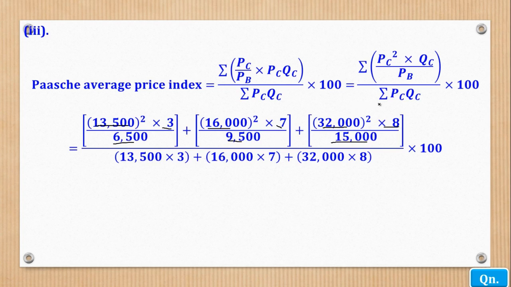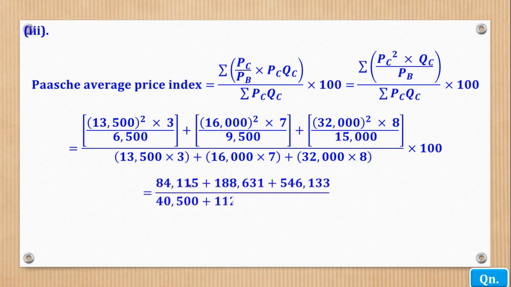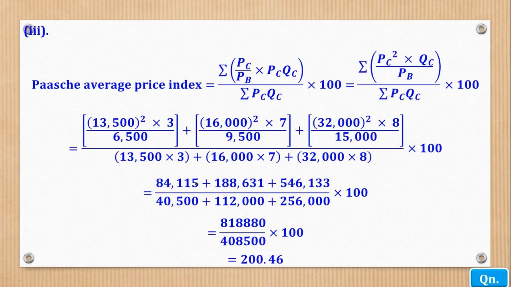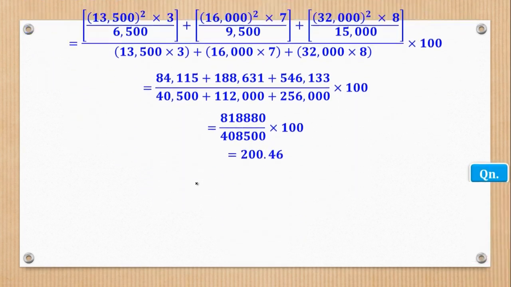For the denominator, we use current price, base price, current price, base price, current price, base price. Then we shall simplify using the calculator, simplify further, and then come up with the answer they want. That was Roman 3.